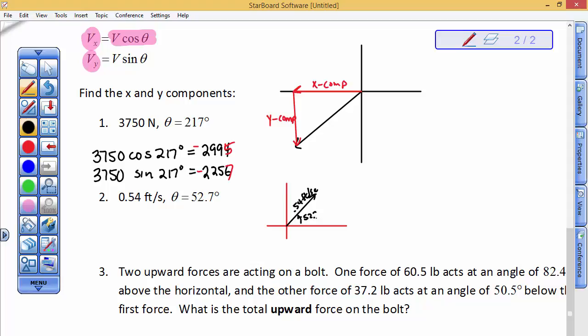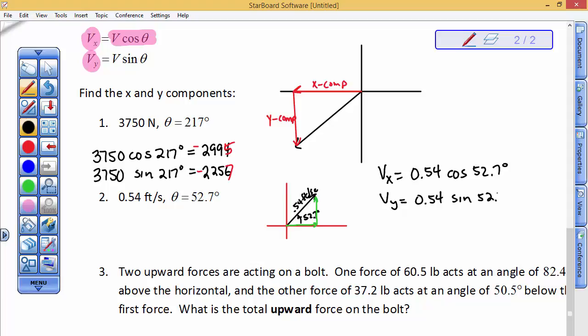And what you're looking to find, again, is this x component and this y component. So again, the x component is found by taking the magnitude of the vector times the cosine of 52.7 degrees, and the y component is found by taking the magnitude of the vector times the sine of 52.7 degrees.